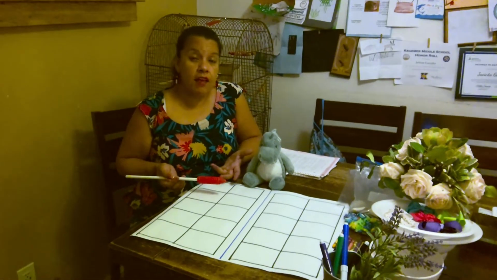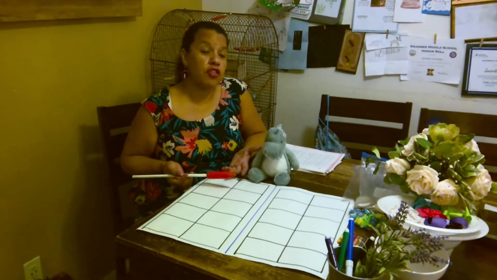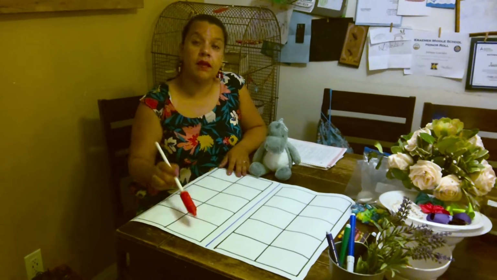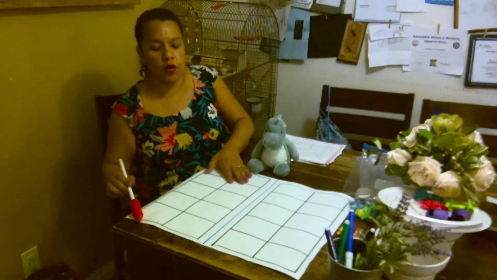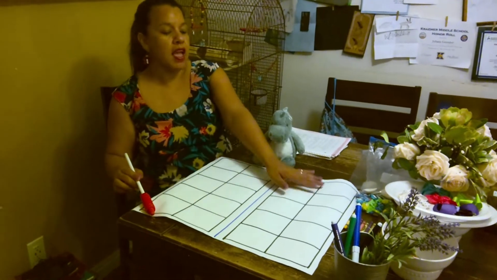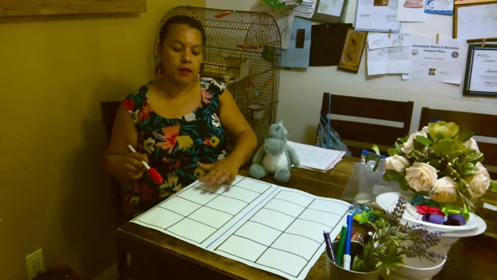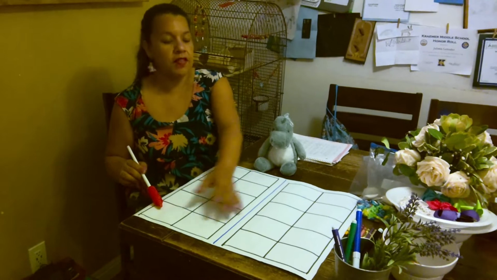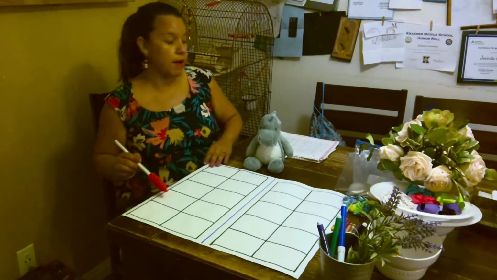Sometimes you're going to have groups of objects that are really hard to spot with just your eye. So we have some 10 frames that can help us. Here is one 10 frame and here is another 10 frame. So we're going to put some objects as a group on this 10 frame, then we're going to put some objects as a group on this 10 frame.